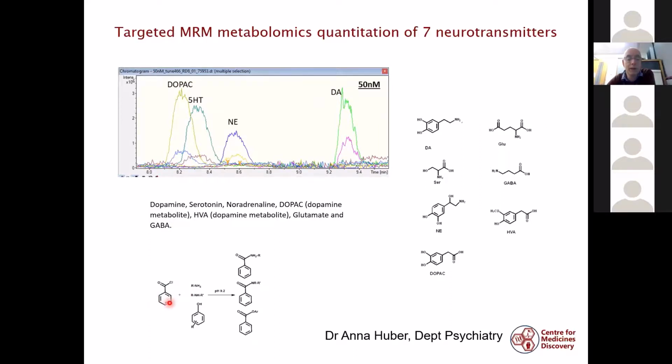So this compound is able to label different amino acids, different neurotransmitters, to generate our internal standard heavy isotope, and in a single LCMS run, we can therefore quantify 7 different compounds simultaneously.